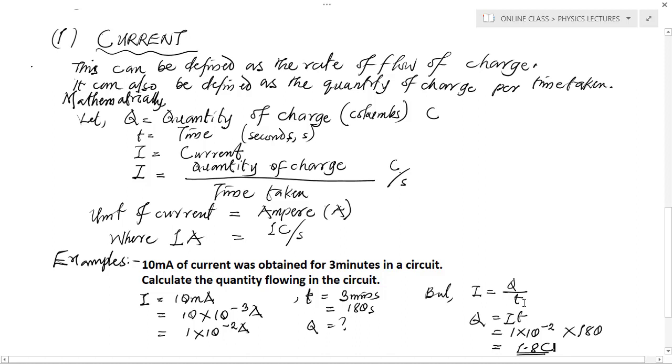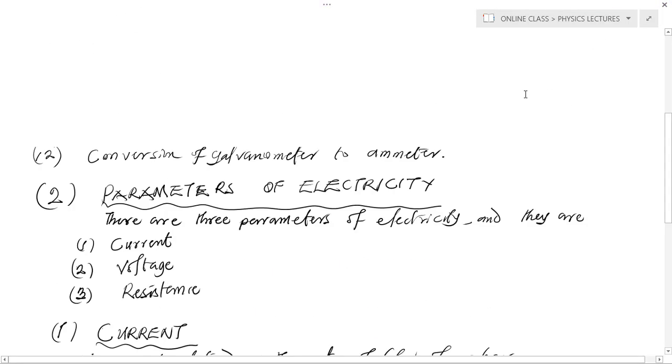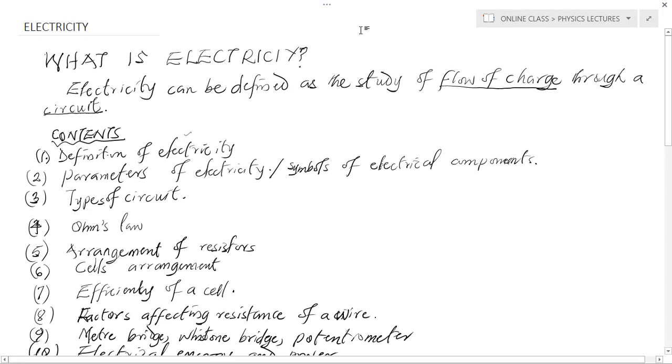Now, the next thing here is to look at the instruments that are used to measure current. What are the instruments used for measuring current? We have many like that, and that will assist us to do justice to many things here. Spelling at times is a problem.